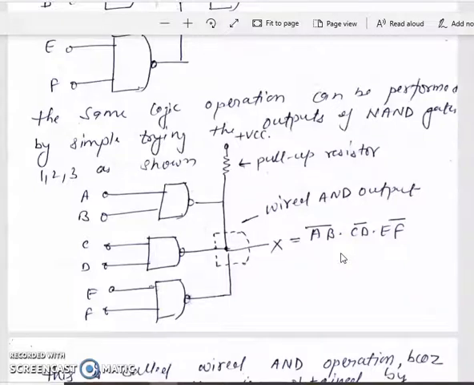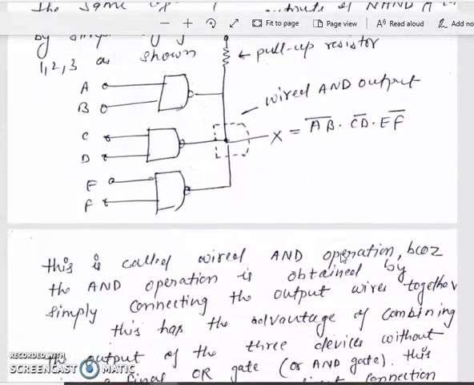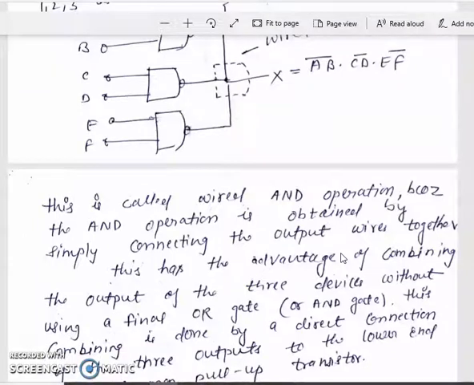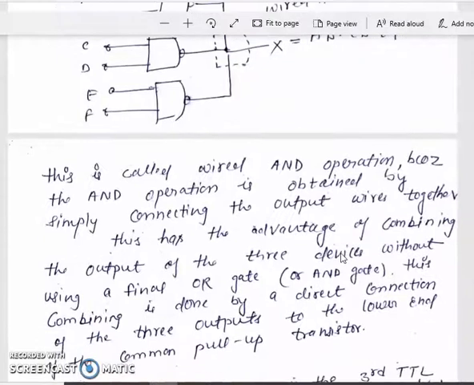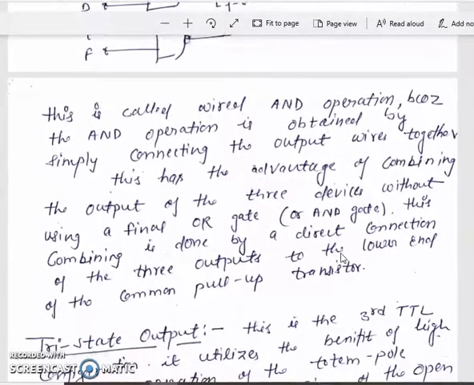This is called wired AND operation because the AND operation is obtained by simply connecting the output wires together. This has the advantage of combining the outputs of three devices without using a final OR gate or AND gate.